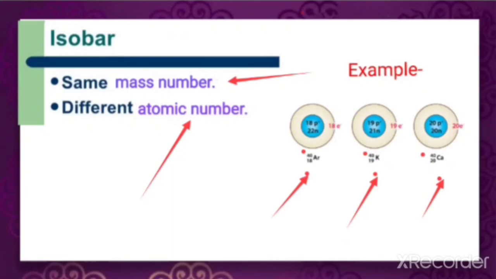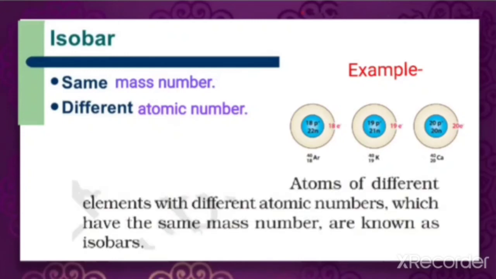So how do you define isobars? Isobars can be defined as atoms of different elements with different atomic numbers which have the same mass number. In isobars, the sum of neutrons and protons must be equal.